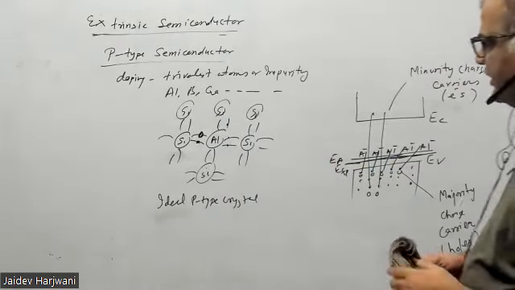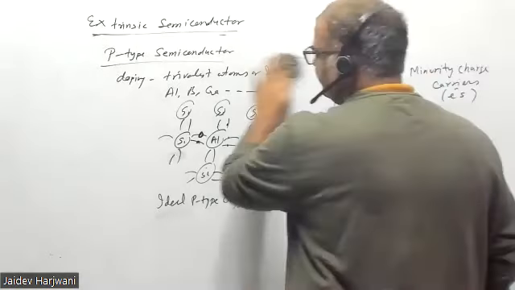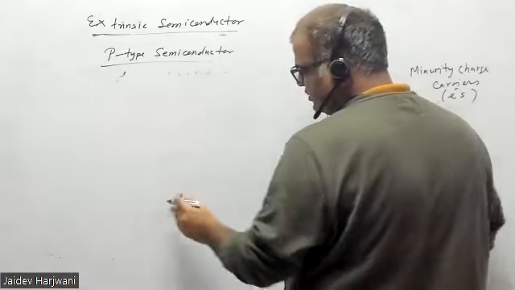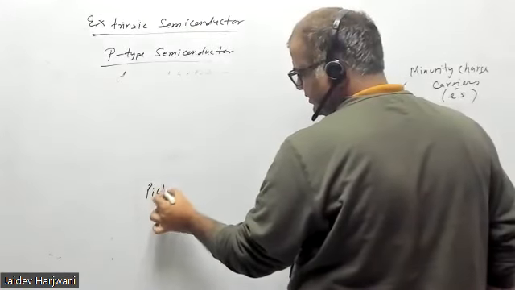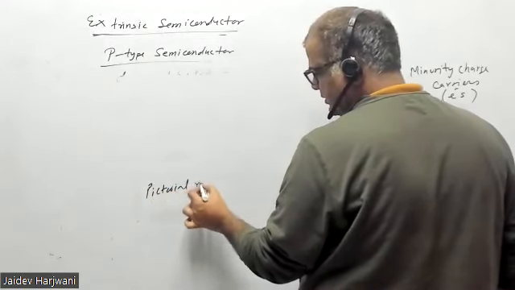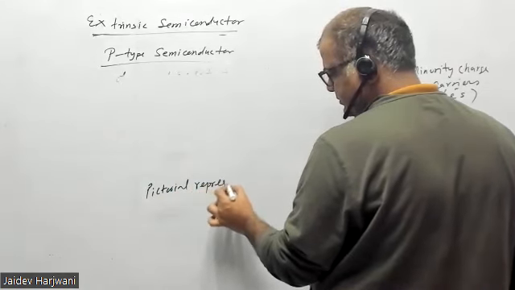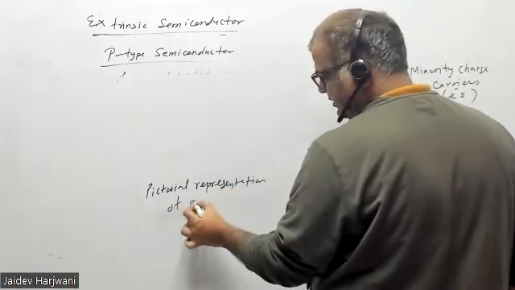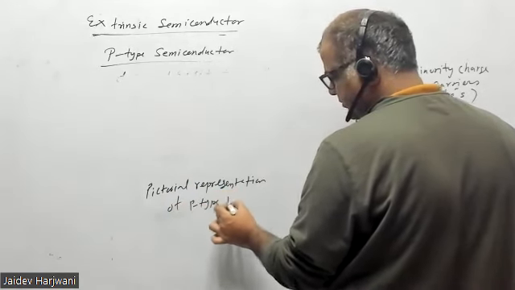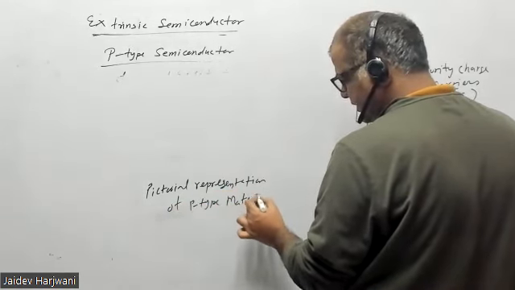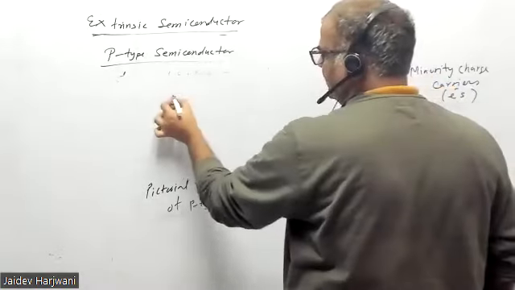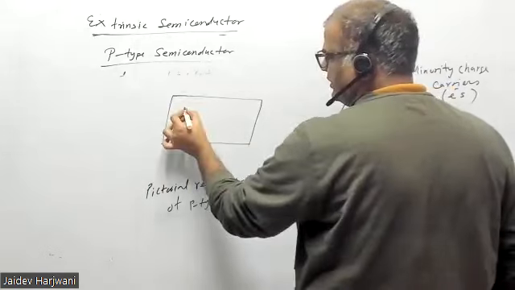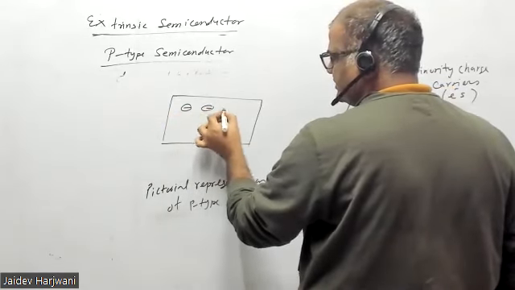Now again, the pictorial representation: how will I represent p-type material? Okay, so the pictorial representation of p-type material. Take a section of the material, and the impurity atoms are now negatively charged.